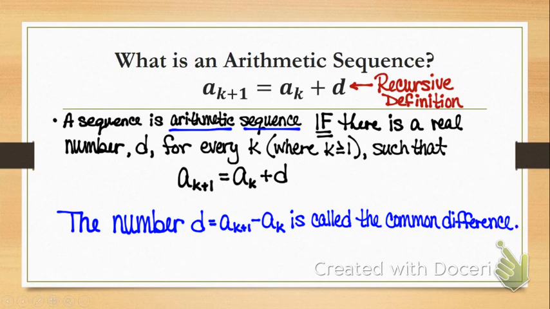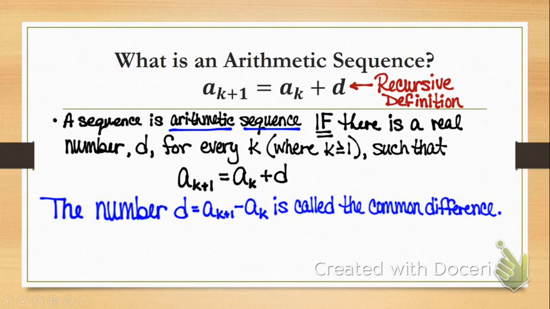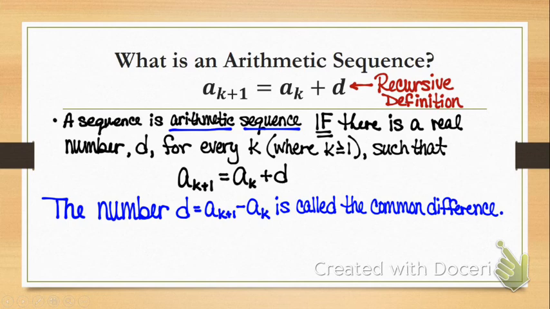The common difference in an arithmetic sequence is just like what in a linear function? The slope.